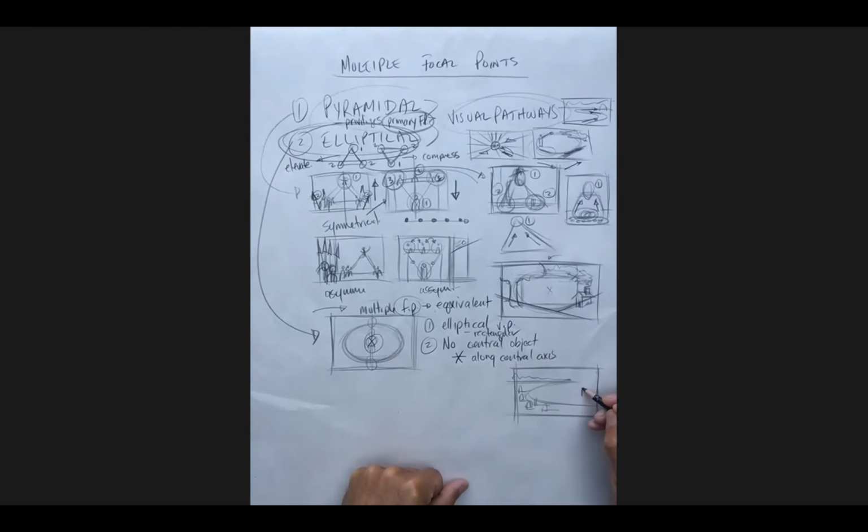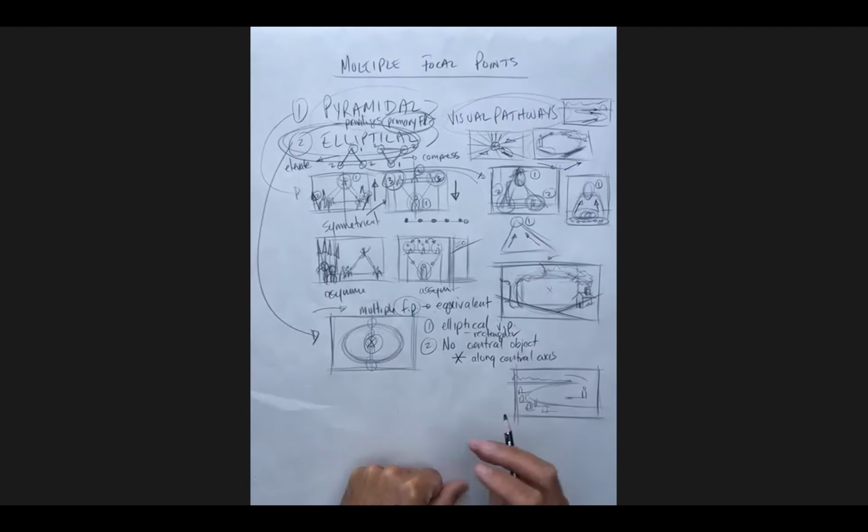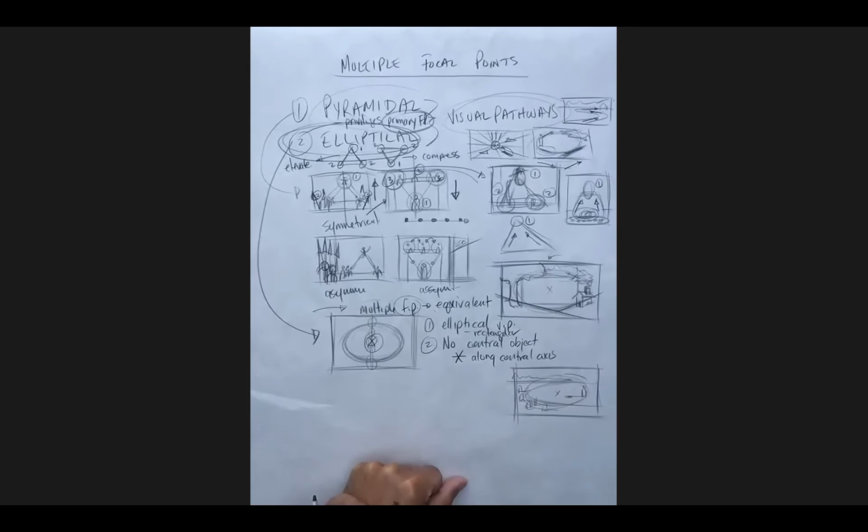You've got a lone figure standing in the water over here with a shadow that's cast like that. And to fill this gap in, I shit you not, he literally put in the jet stream trail from a plane up here. And that's it. That's that pattern. No central focal point. Nothing along that central axis that's going to draw conspicuous attention.